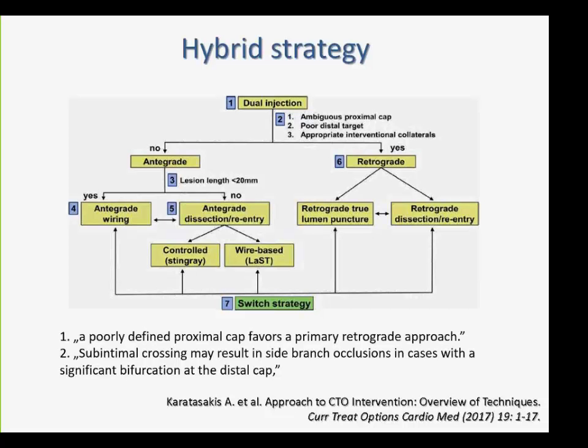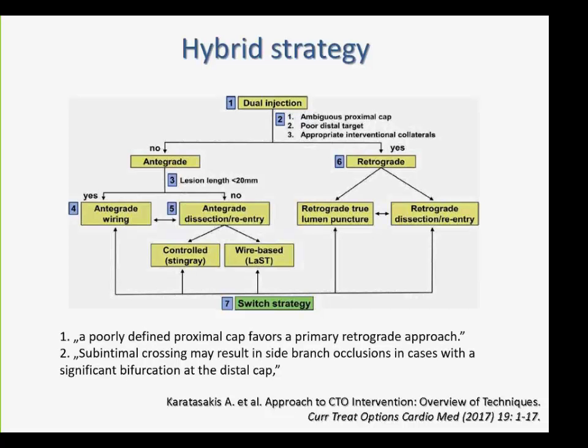And we know that the ambiguity of the proximal cap frequently comes in flush occlusions, that it's difficult to decide where is the proximal cap related to the origin of the side branch.